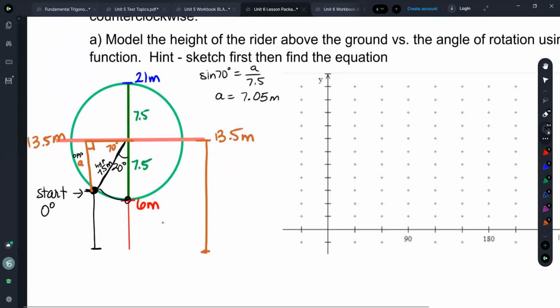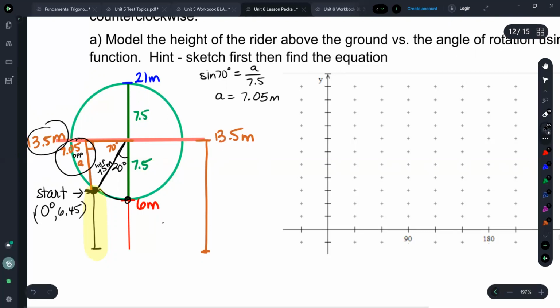Yep, 7.05. Correct, you're right. No, we don't have to do it for all of them. You can do it for one part of it if you need to find the starting height. We just subtracted this from 13.5 because this whole thing is 13.5, and we have this and we want this.